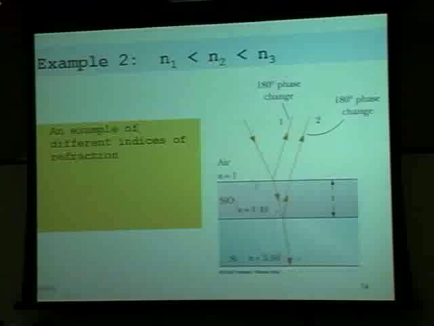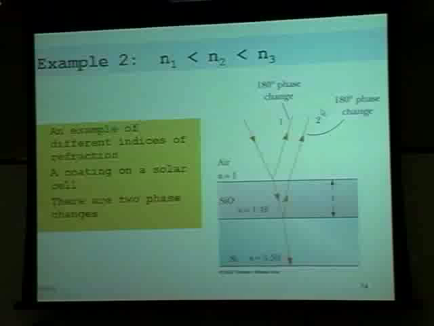So I'm going to have one phase reversal on the first reflection, another phase reversal on the second reflection. And so if I want to create destructive interference so that I don't lose this light, then I would change the thickness accordingly to create destructive interference.